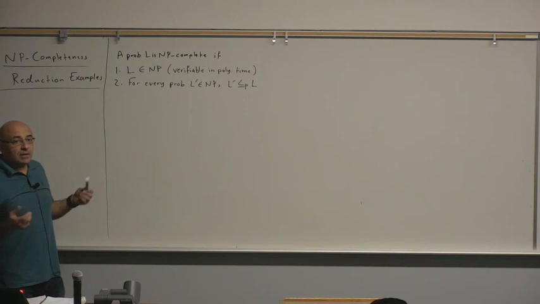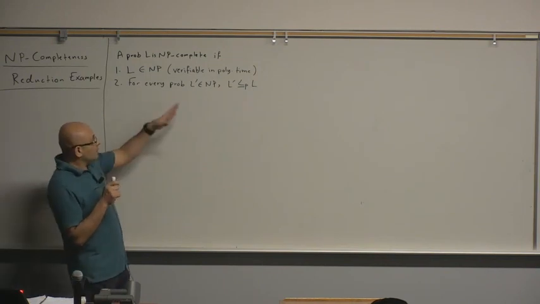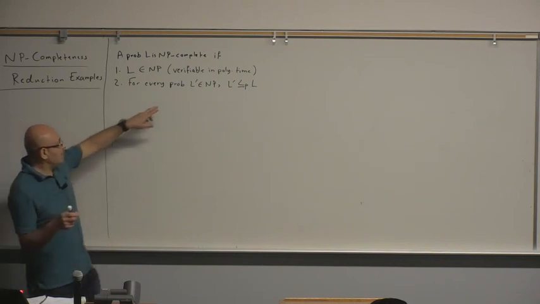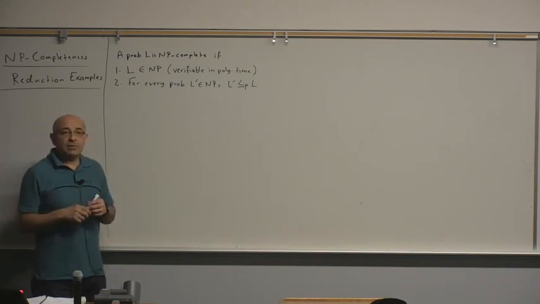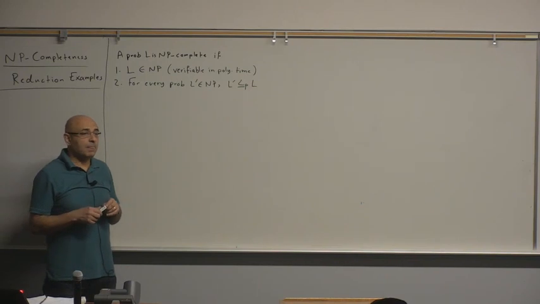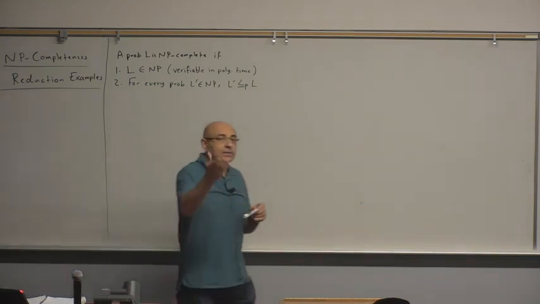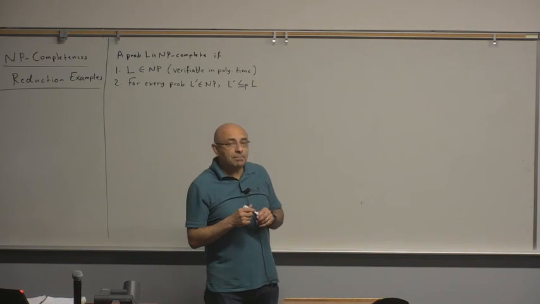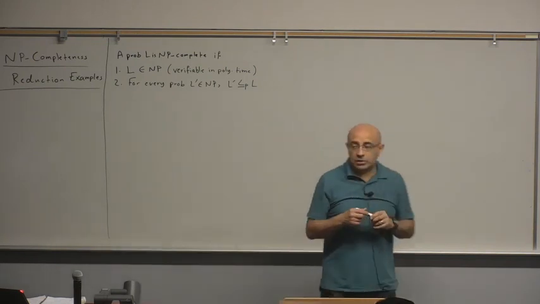Why can we reduce only one NP-complete problem to L instead of reducing every problem in NP to L? Because the NP-complete problems are reducible to each other.